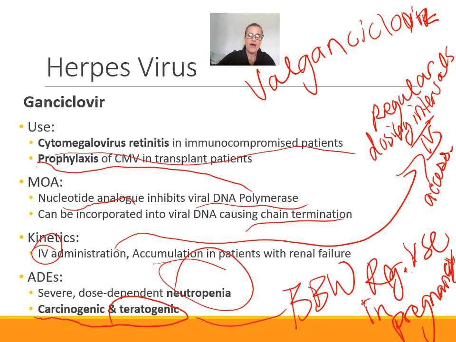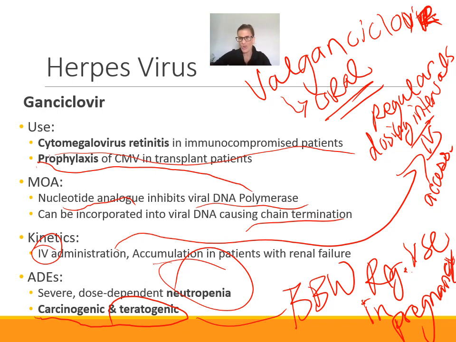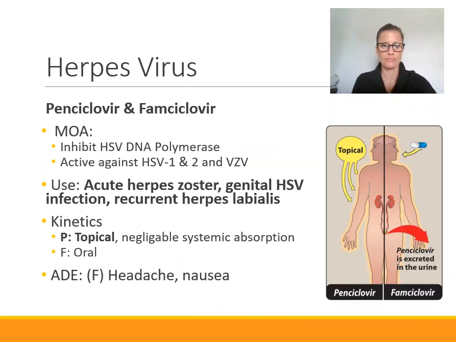But adding those structural functional groups, changing the Ganciclovir to Valganciclovir, improves its bioavailability. So now this formulation can be given orally. Okay, so Ganciclovir is IV only, Valganciclovir is oral. So that also kind of takes care of that IV access problem.